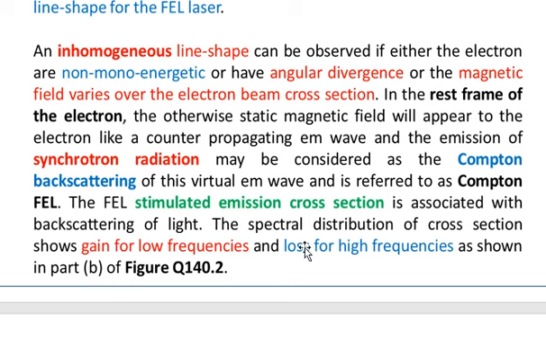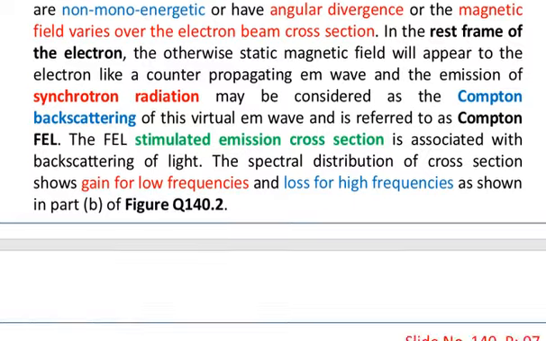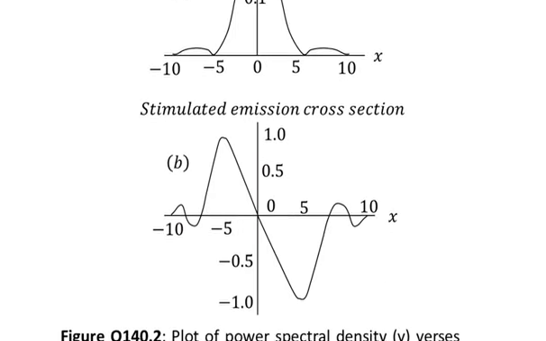Consider this last sentence again. The spectral distribution of cross section shows gain for low frequencies and loss for high frequencies, as shown in part B. This one.